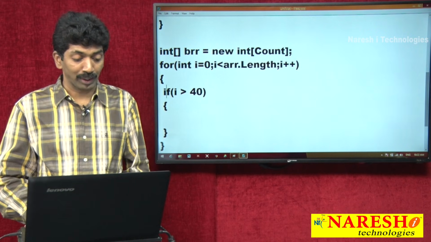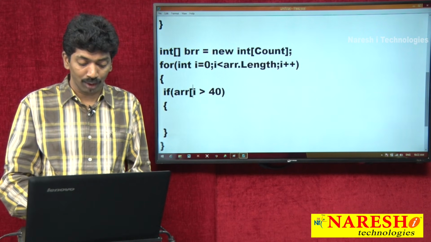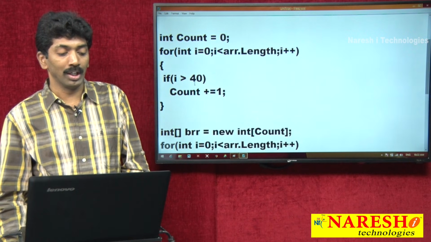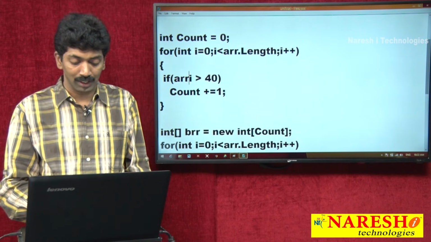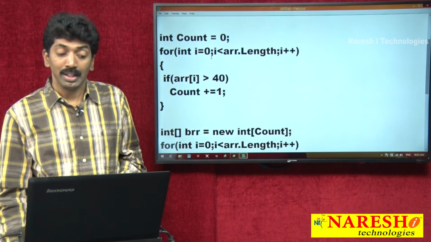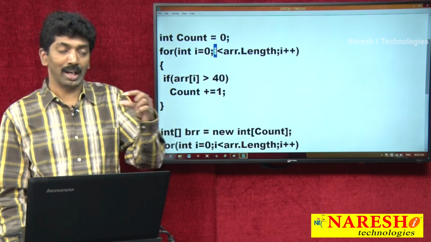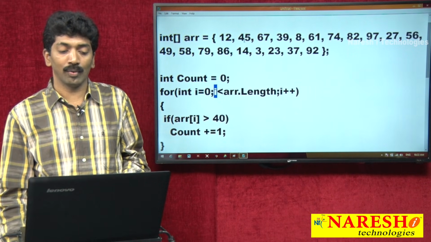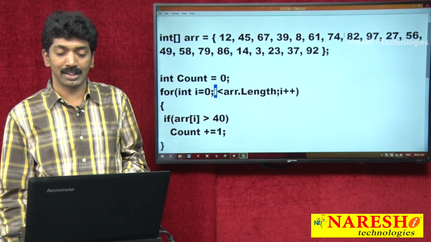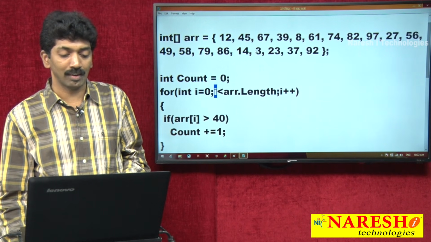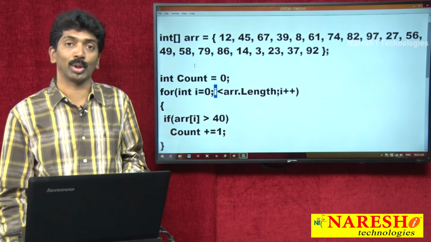The reason why you cannot do that directly is that arr of i and brr of i are not the same. arr of i represents the items in arr, and how many are there? 1, 2, 3, up to 20. Total 20.